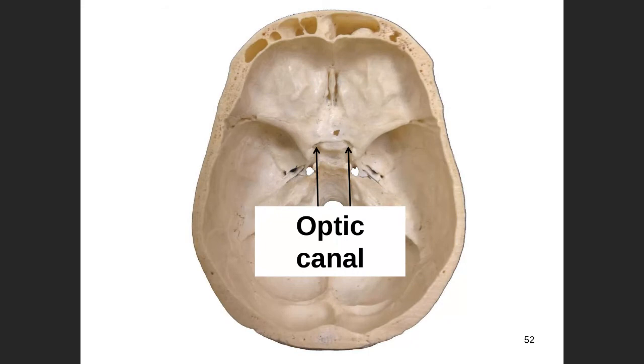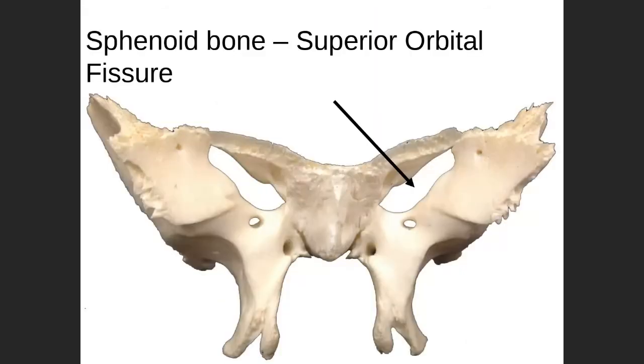All right, we're going to go back to the sphenoid bone and flip it around to look at it from a different angle. Here you can see this, what's the term that I want to use for this? The name of it is actually the superior orbital fissure, but it's almost like a crack, an oblong opening here.